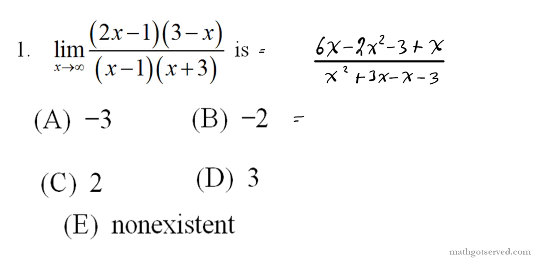Combine like terms. In the numerator, I will also write it in standard form, making sure that the degrees are in descending order. So we have negative 2x squared plus 7x minus 3. All right, so that's the numerator divided by, in the denominator, x squared, combining the two middle terms, plus 2x minus 3.